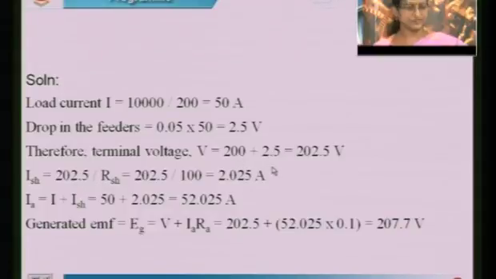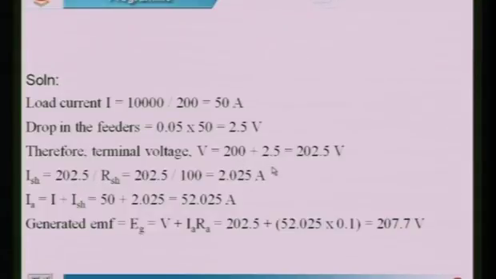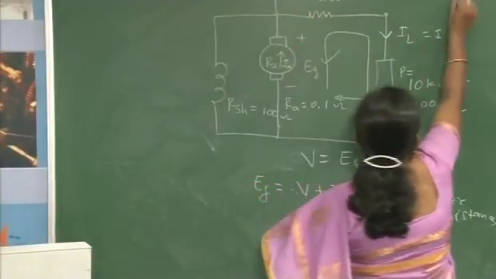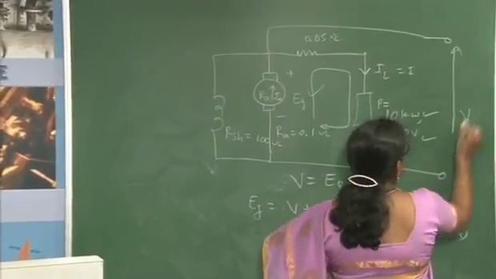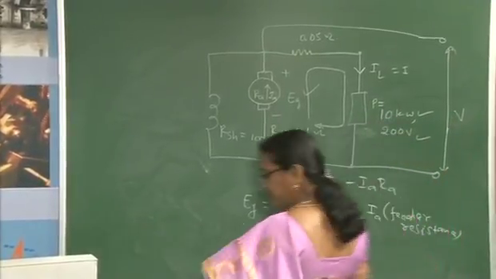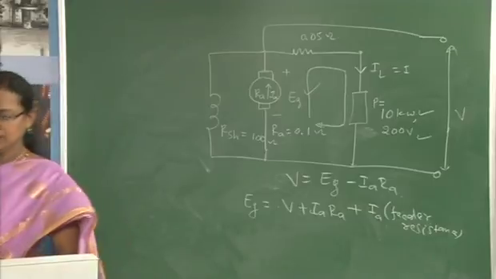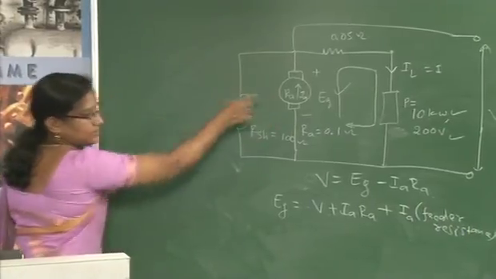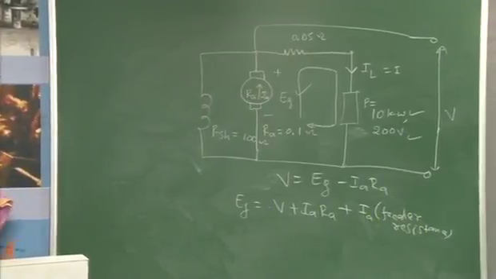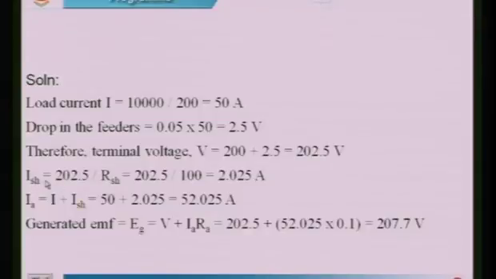Then Ish, as I already told you, you can calculate if you know the terminal voltage V. The voltage across this Rsh is also V. So you can calculate the current flowing through the shunt field winding, Ish, equal to the terminal voltage V divided by the resistance of the shunt field.